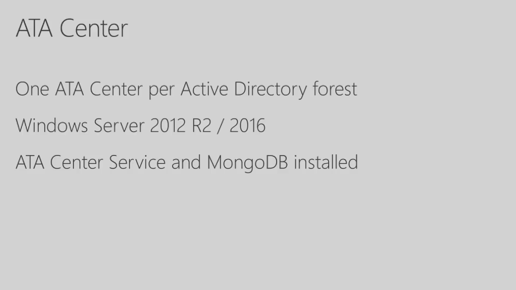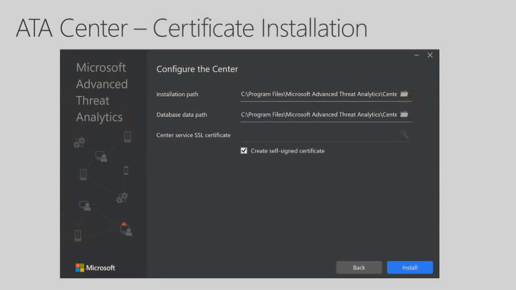An example is the Mongo database, which is the underlying database for ATA, and it's automatically managed by ATA. You don't need a Mongo database DBA in your organization. Everything is taken care of by ATA. As I said, the deployment is next and finish, but there are a few things that you should keep in mind and stop for a second and think about.